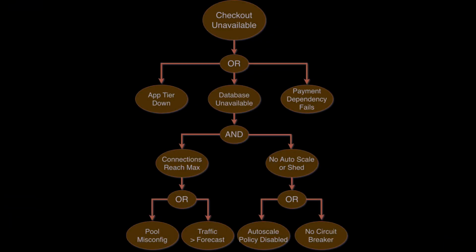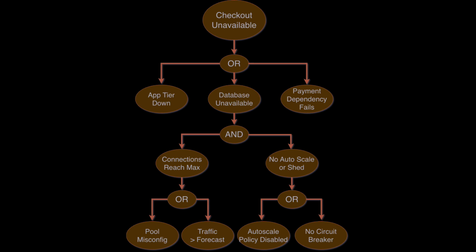Here's a simplified checkout tree. Top event: checkout unavailable. OR gate to 3 branches: 1. App tier down. 2. Database unavailable. 3. Payment dependency fails. Zoom into the database branch. AND gate combining: connections reach max, and no automatic shed/scale action.